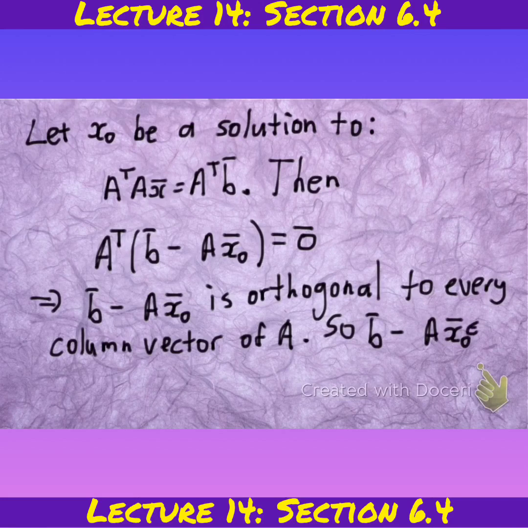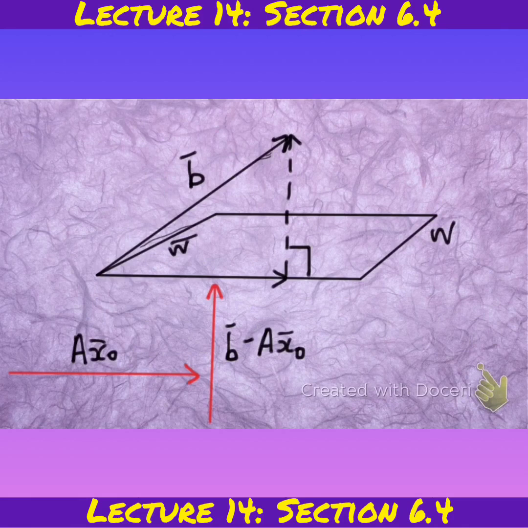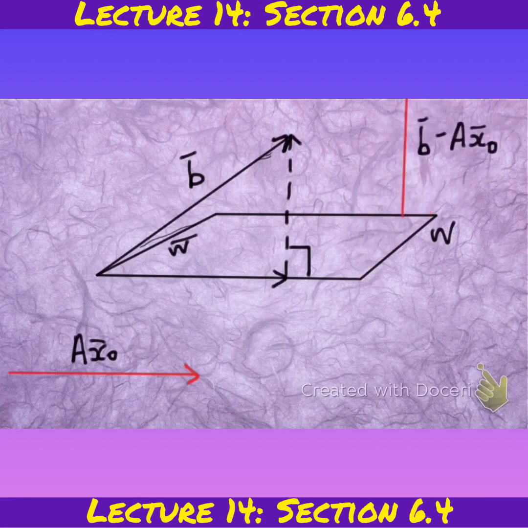So this vector is going to be in the orthogonal complement of the subspace W. Going back to our sketch, the vector B minus A x0 is orthogonal to the subspace W, so it's orthogonal to every vector in the subspace.